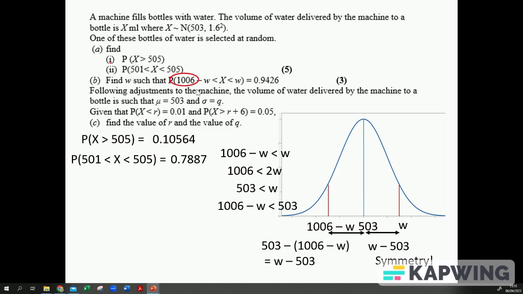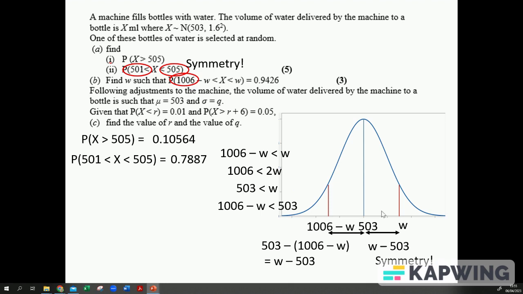And I think the reason they did this first part of the question is because they've given you a symmetrical one here as well. These two add up to 1006. Or if you like, the 501 is 1006 take away 505. It's a funny way of putting it, but they're telling you that this is symmetrical and they've tried to show it to you with this part of the question.